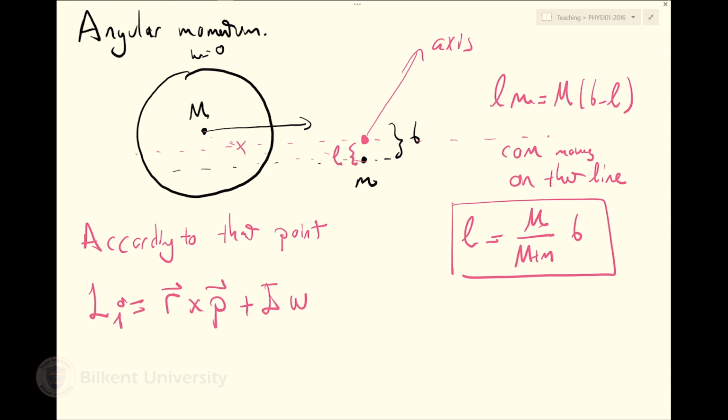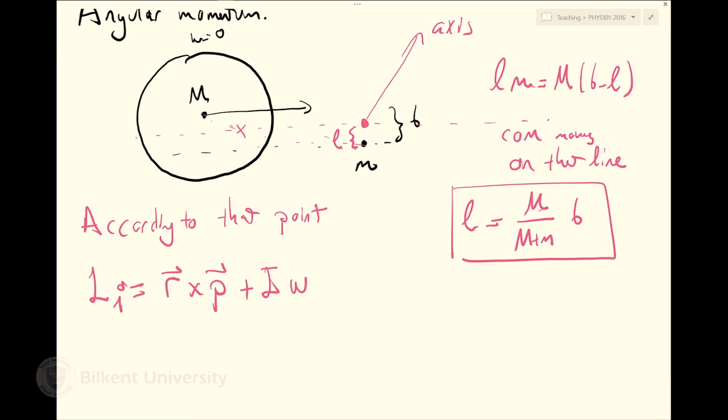First of all, there is a small mass and a large mass. Small mass is not moving, so it's not contributing any angular momentum. So that has to be for the large mass. Now, R cross P. What is R here? R is the vector from my axis to the center of the puck, right? So that will be my R. And this is V.